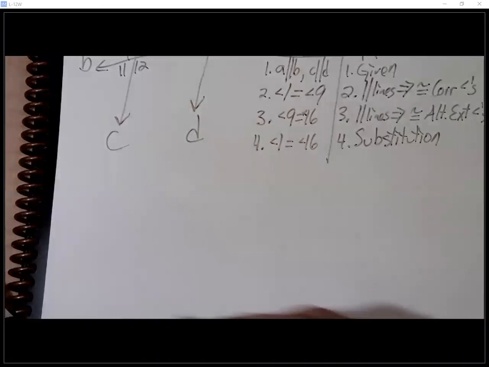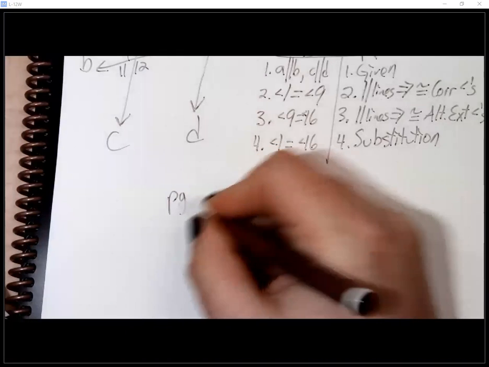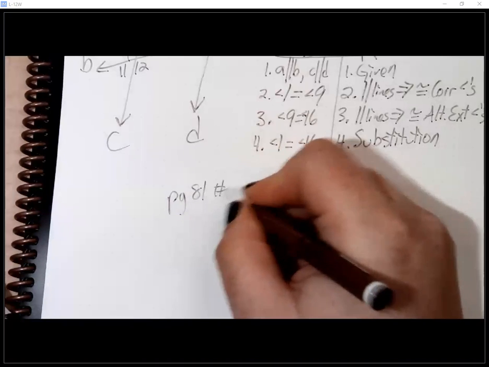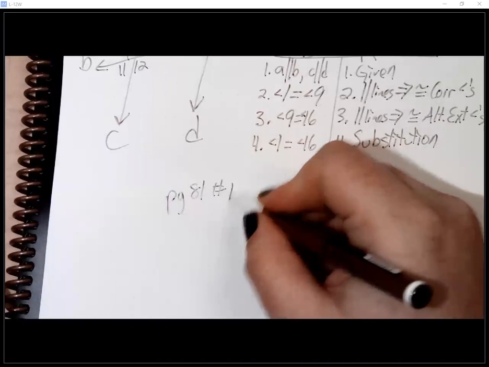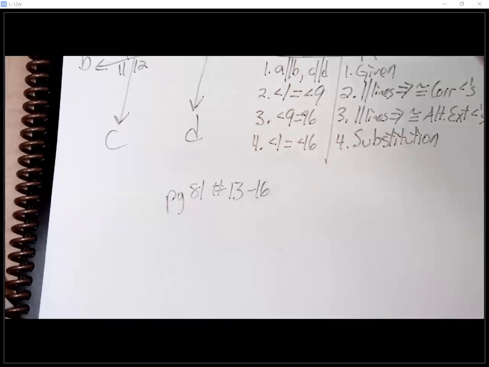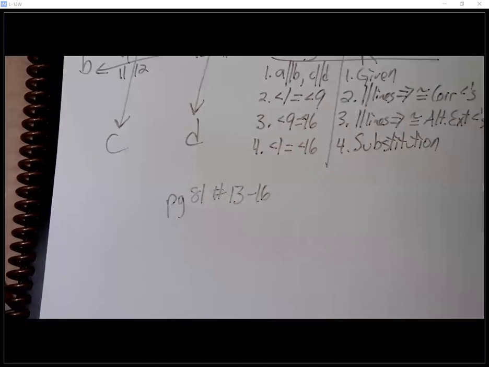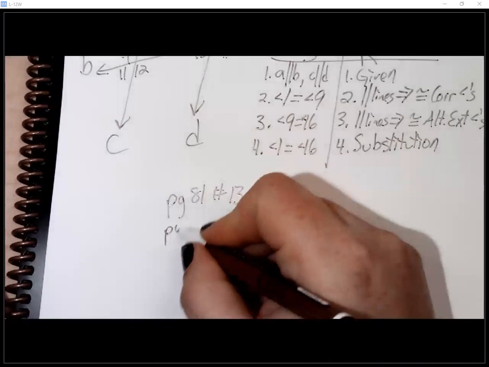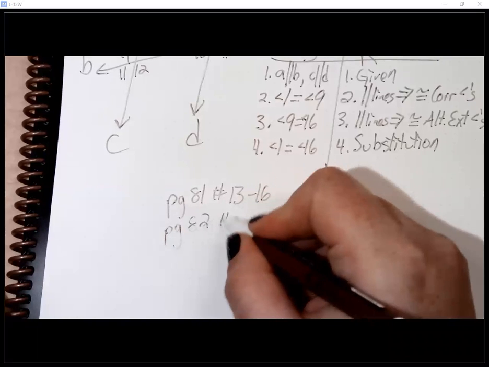I would love for you to do the following. Page 81, numbers 13 to 16. And then also on page 82, I'm actually going to take one away from what I was going to ask you.